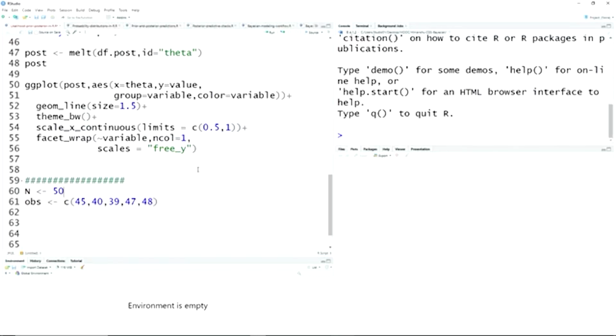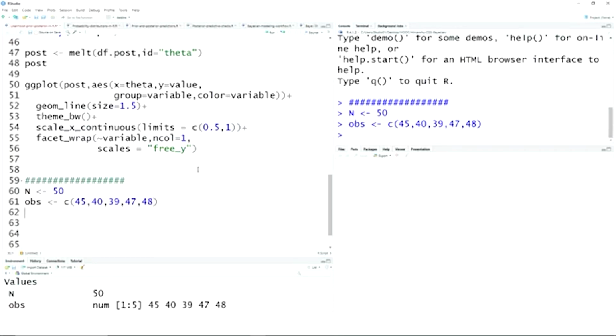Okay, and what you assume is that each observed data point comes from a binomial distribution with underlying parameter theta. Okay, where theta has a beta distribution with underlying alpha and beta as 90 and 10, right?